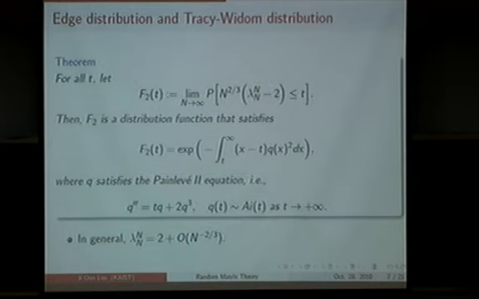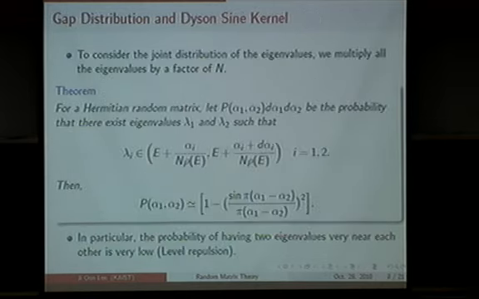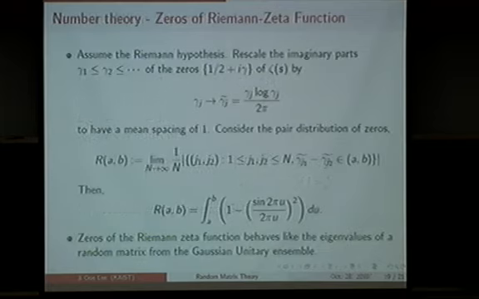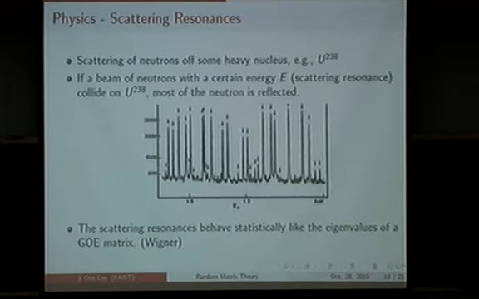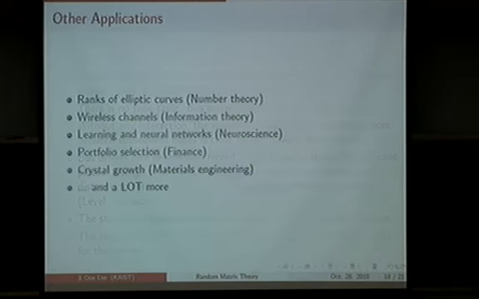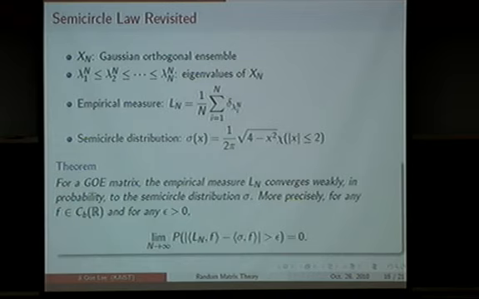But of course, in mathematics, people want to do more. For example, this is the semicircle we saw earlier. We have a Gaussian orthogonal ensemble matrix X1, with eigenvalues lambda 1 through lambda n, the empirical measure Ln, and the semicircle distribution like this. I said that for the GOE matrix this is true.